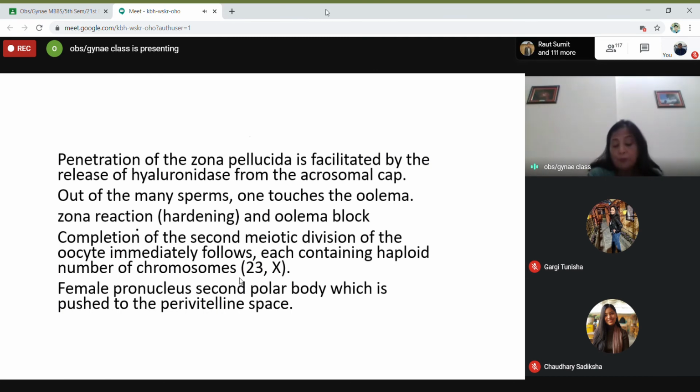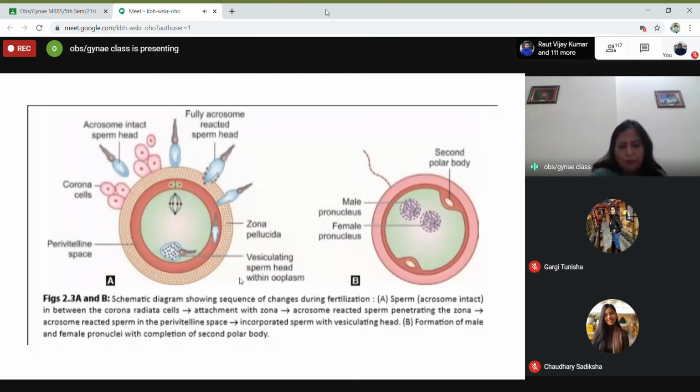So this becomes the pronucleus. This is the figure where meiosis is occurring.